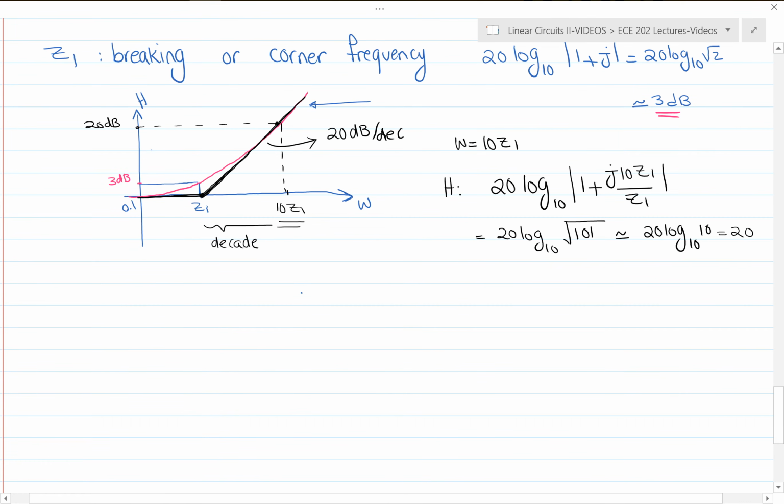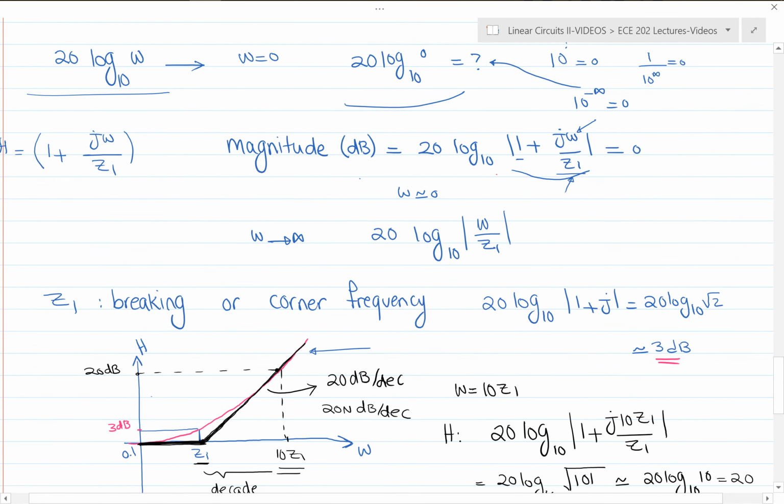It is 0 until it reaches the 0 of that specific term, and then it increases with 20 dB per decade. This 20 dB per decade basically is 20n dB per decade, in which n is the power of this simple 0 or our simple pole.